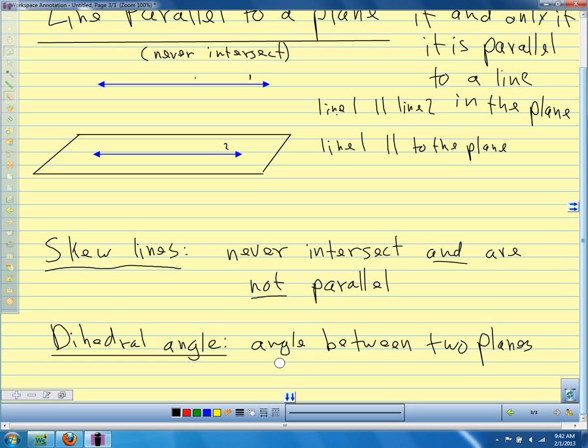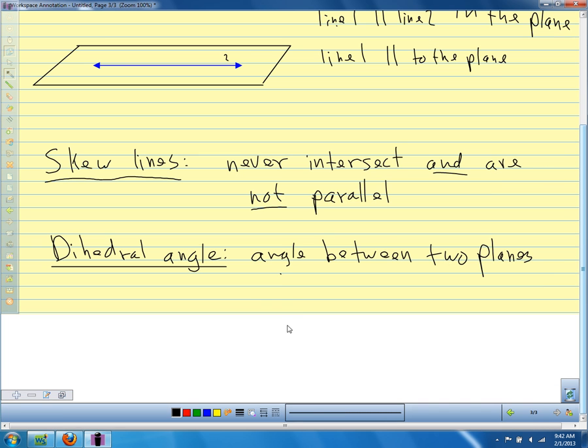So our example from our opener was the floor and the wall. The angle was 90 degrees. So the dihedral angle between the floor and the wall is 90 degrees. Di just means two, and hedral, we talked about polyhedrons, talks about the faces. So it's just the angle between the faces, so angles between planes.